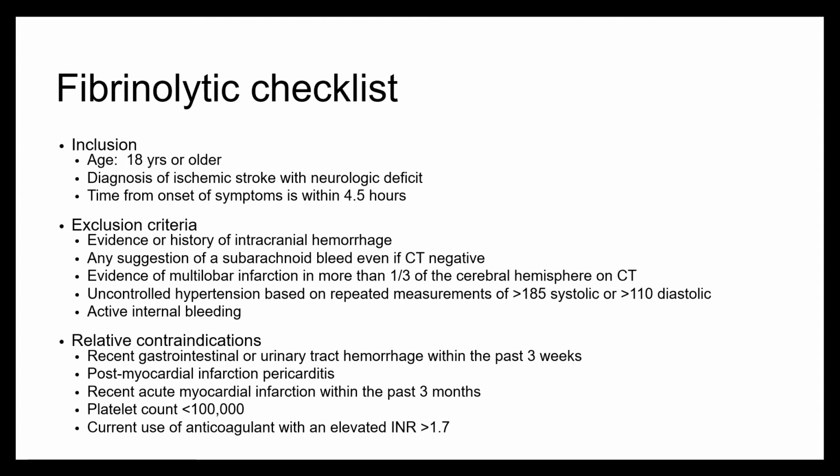Any evidence of multilobar infarcts that are in more than a third of the cerebral hemisphere, so those extremely large strokes. If the patient's experiencing uncontrolled hypertension with measurements of systolics greater than 185 or diastolics greater than 110, and anybody with any active internal bleeding.